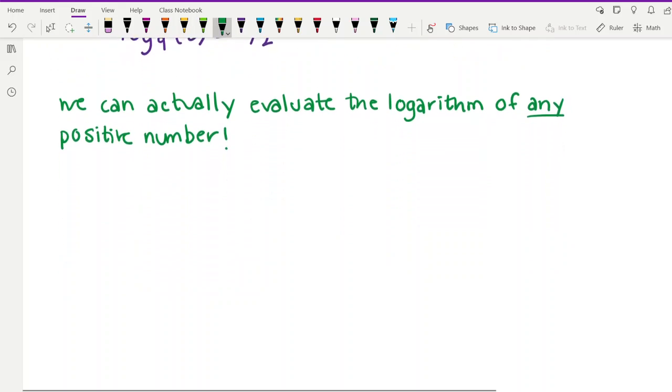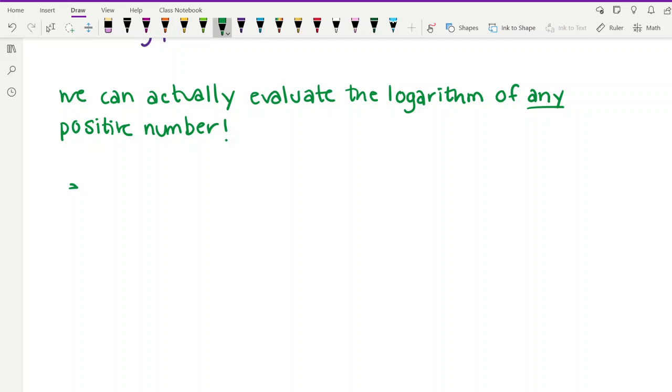An example of what I mean by this is, let's say we wanted to figure out what log base 5 of 12 is. This is not one that we can just look at and figure out, because essentially what this is asking is, what power do we need to raise 5 to get 12?